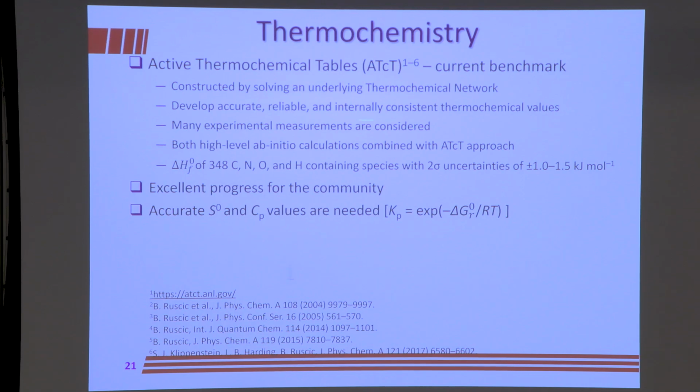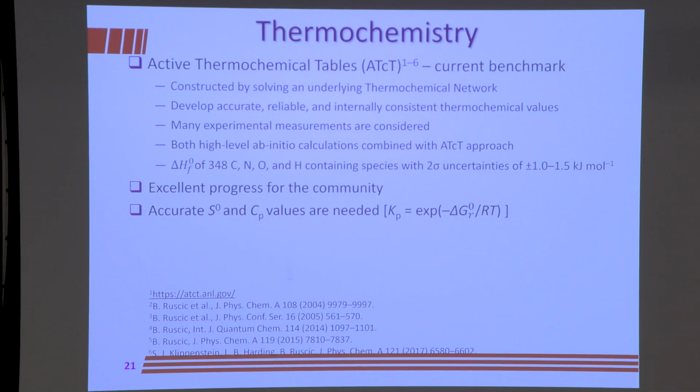But the problem is that for kinetics, we need enthalpy and entropy, right? And if we only have enthalpy at 298, we need to be able to extrapolate to higher temperatures, to combustion temperatures, using the heat capacity, and then we can calculate entropy and enthalpy at any temperature, okay?